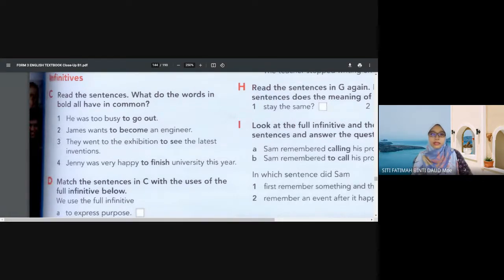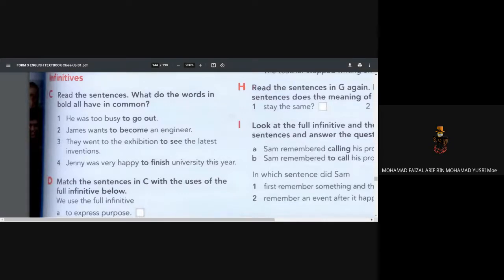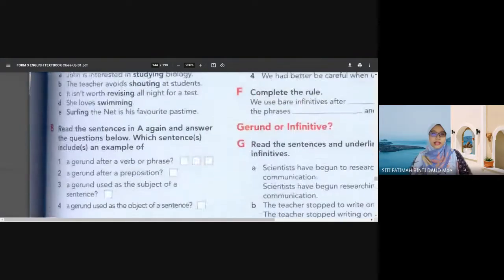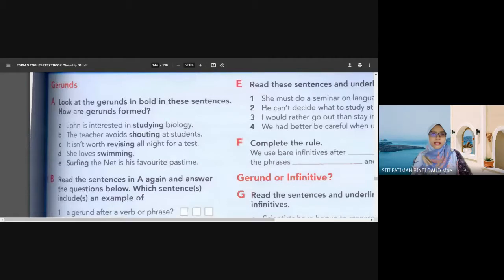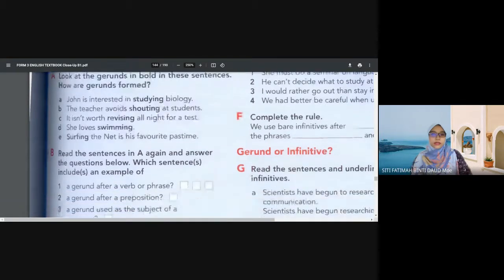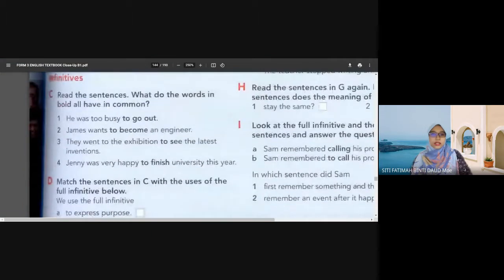Apa yang sama kat sini? What is it? Class? What can you see? What is the similarity? Just now the similarity in A, B, C, D, E is -ing. Studying, shouting, revising, swimming, surfing. So this one, the same thing in all these words.